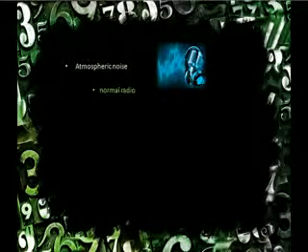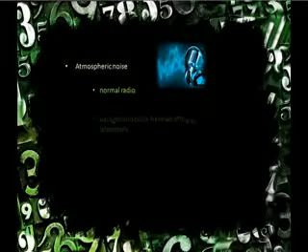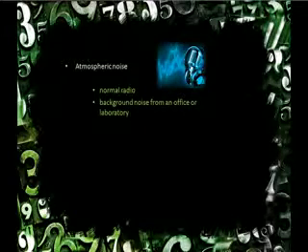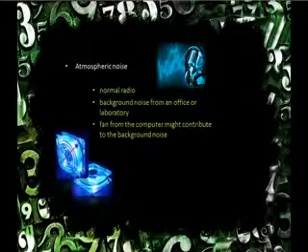Another suitable physical phenomenon is atmospheric noise, which is quite easy to pick up with a normal radio. You could also use background noise from an office or laboratory, but you'd have to watch out for patterns. The fan from your computer might contribute to the background noise, and since the fan is a rotating device, chances are the noise it produces won't be as random as atmospheric noise.